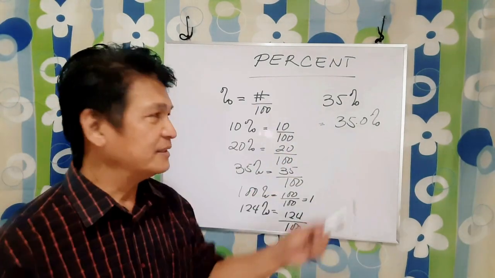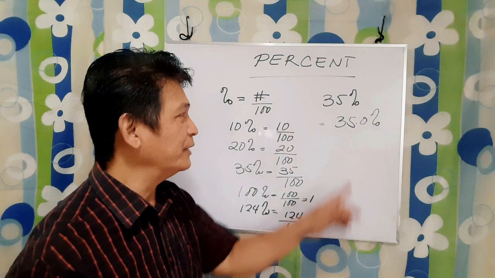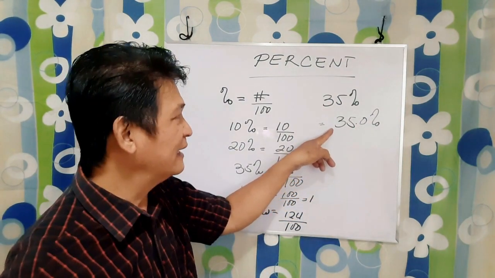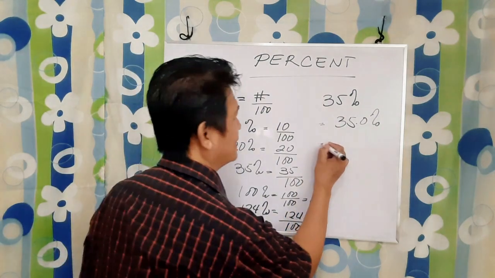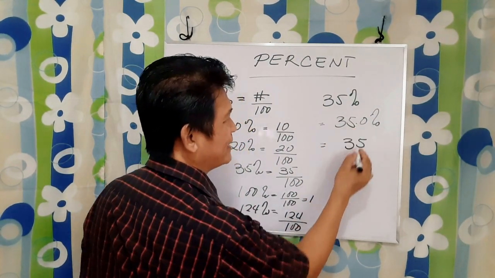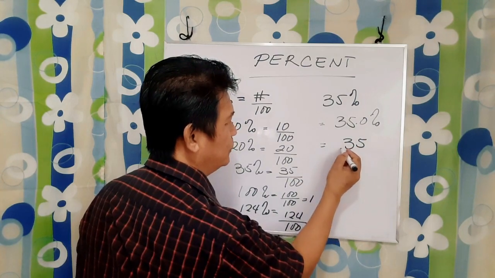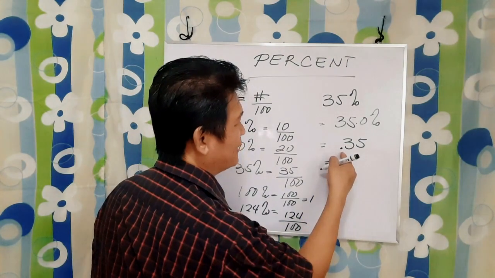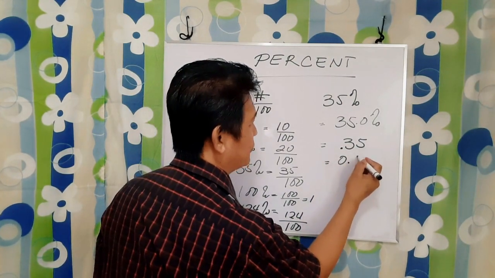It's still 35. What you're going to do now is move your decimal 2 places to the left. That is 35. Move 2 decimal places. That's 1, 2, and you have a decimal. And after putting your decimal, you add your 0.